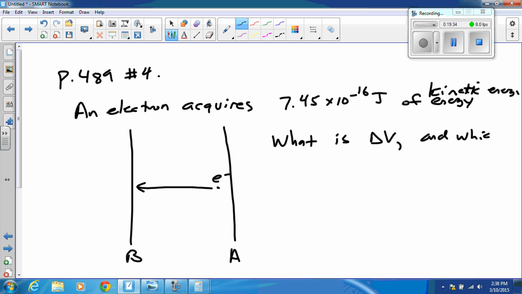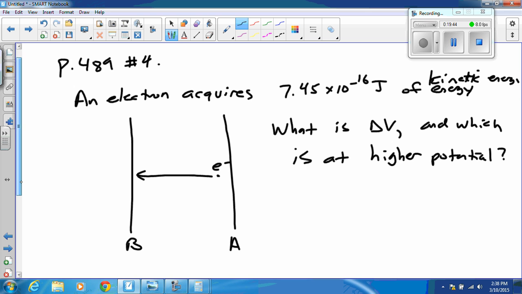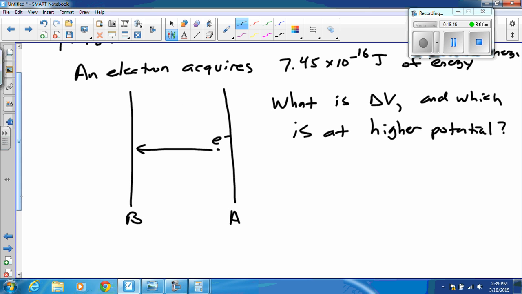And which one is at higher potential? Hypothetically, if both of those plates were negative and you had the electron going, would it just find the middle?